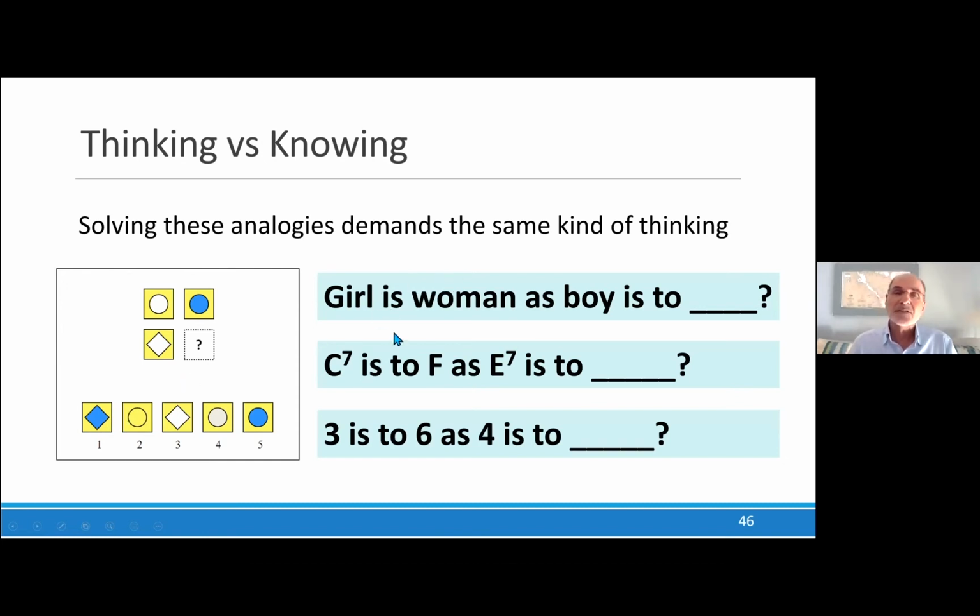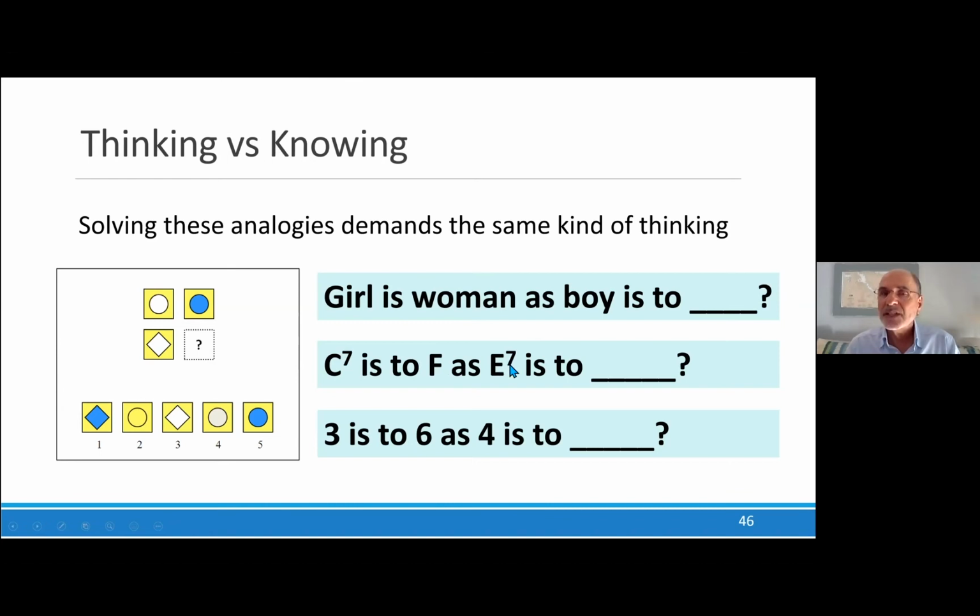But how about this? Girl is to woman as boy is to man. Isn't that the same kind of thing? See that? The relationships are still there. Or how about this? 3 is to 6 as 4 is to 8. But here's the one that illustrates how you can't think unless you have the knowledge.